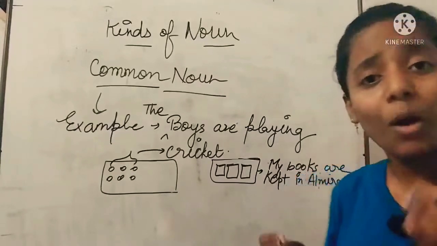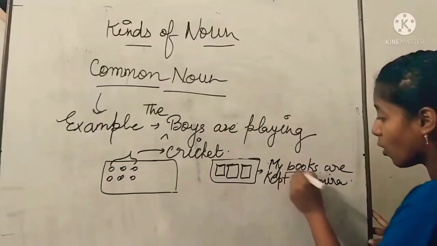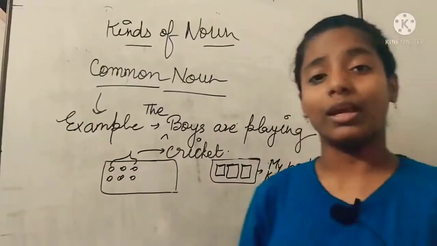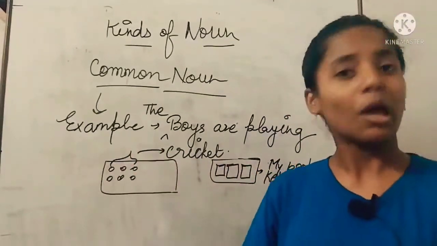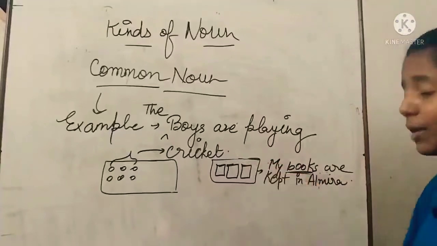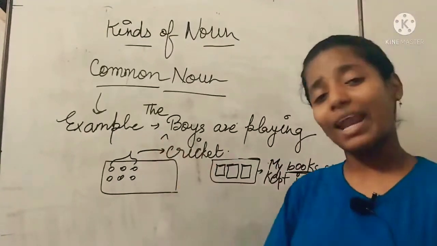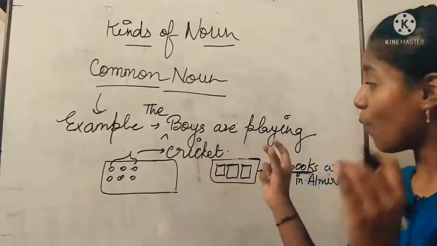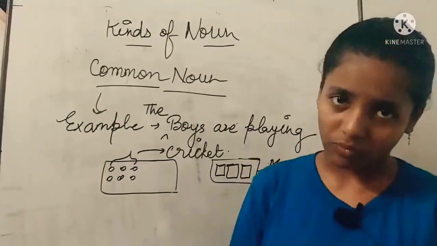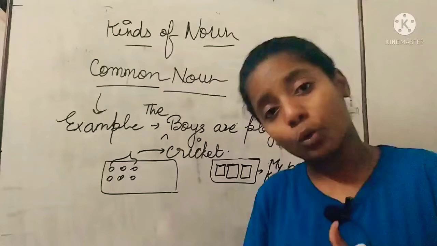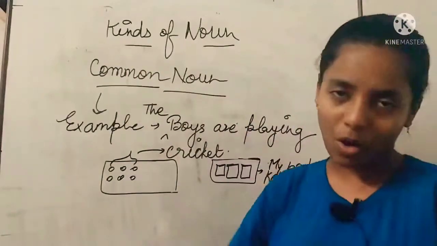Why can you not give? Because there is a reason. Only "books" is written. Only the grouping word books is written, but there are no specific names given of the books. The same happens here. So these types of persons, things or even feelings, when kept in a grouping format, simply refer to your common noun.